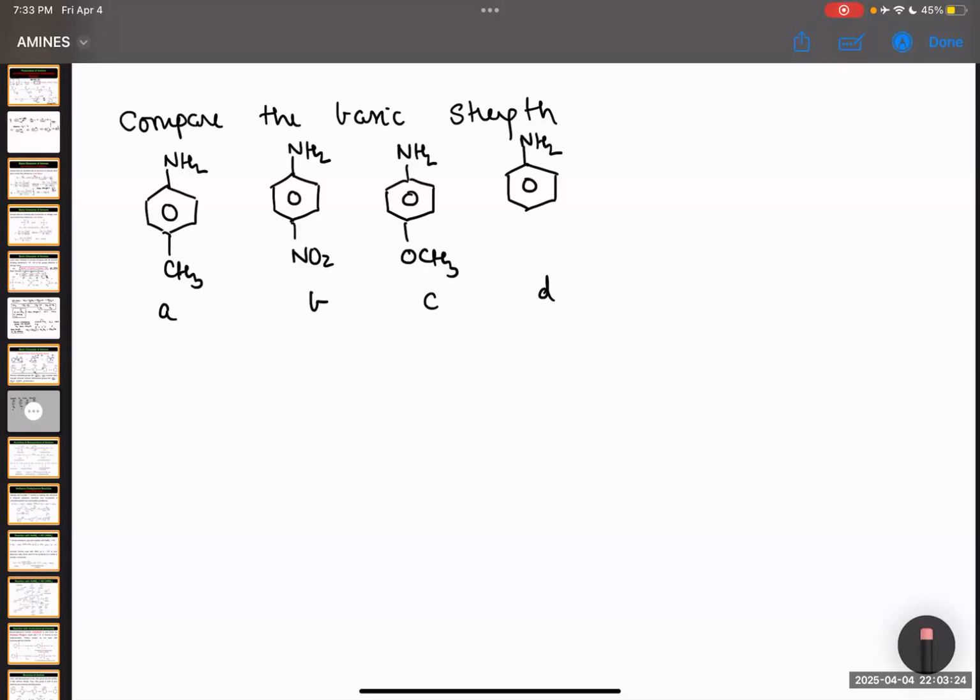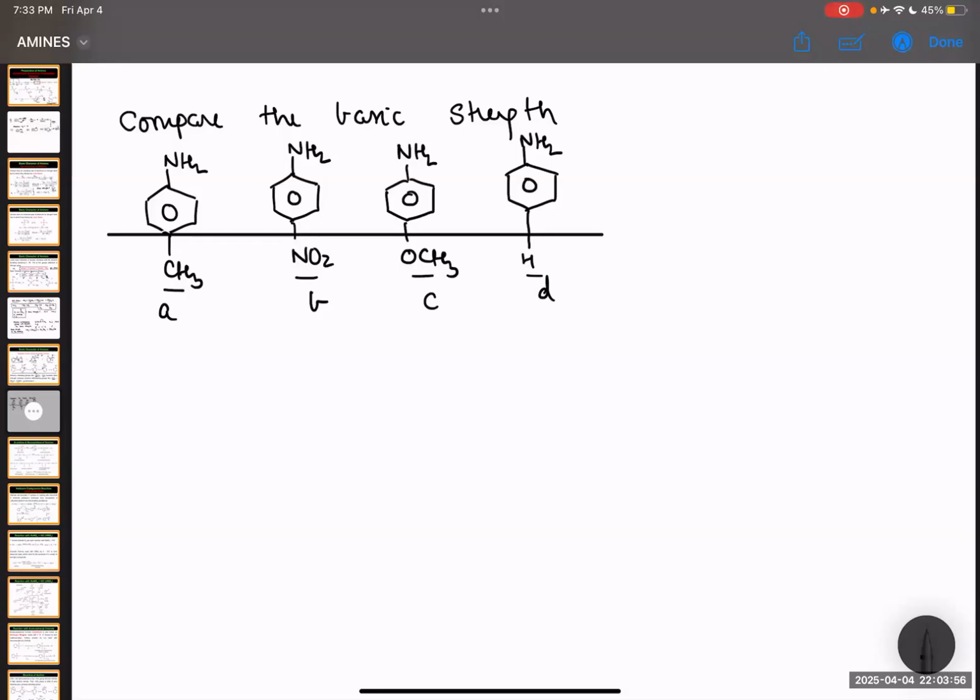Look, this part which is above this line is the same for all the amines, right? It is the same. So we should not compare this. We should talk about the group which is placed at the para position. That is different. This is the difference.